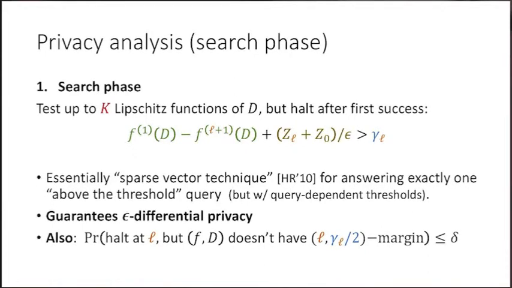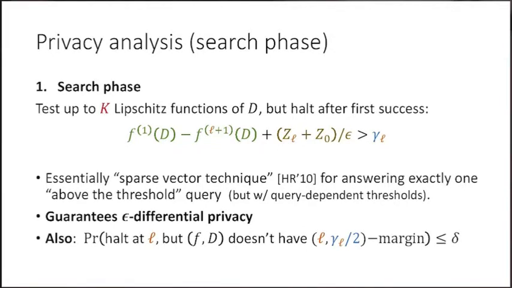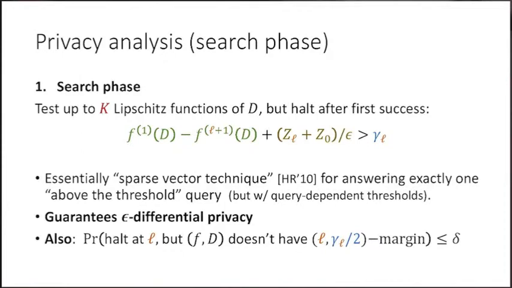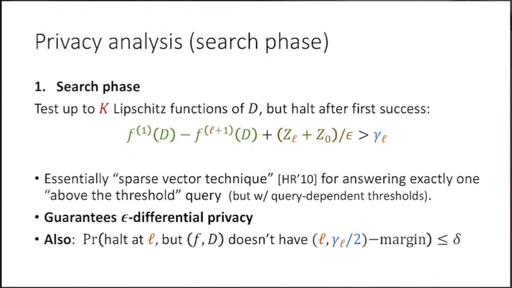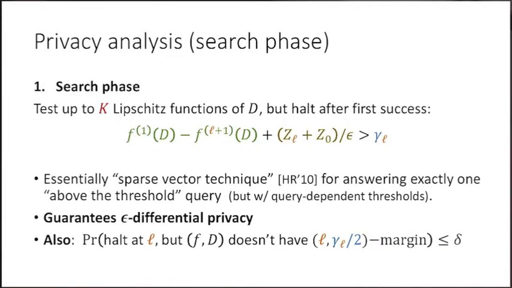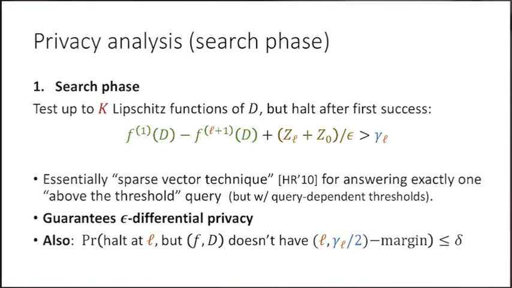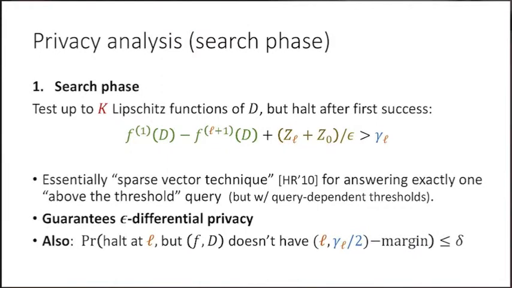I won't get into details of this one, but the upshot is that it's differentially private, and also we only overestimate the margin with small probability. So if the data set really didn't have this margin, with the log L over epsilon, then we say it does only with small probability.